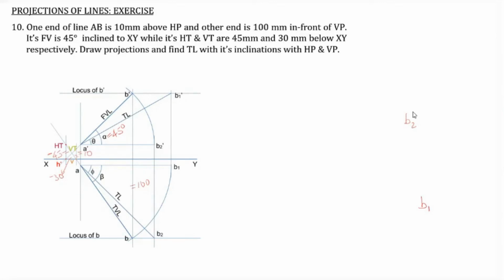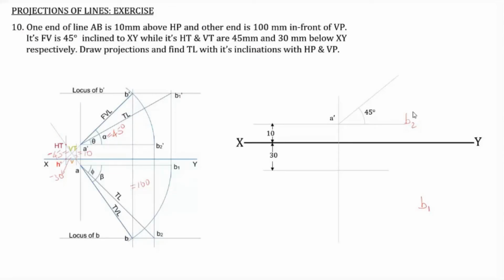Okay, let me repeat the steps once again. Draw the XY line, then mark the projector for A, then mark A dash, then through A dash draw the line representing the front view, and then the locus of the front view as well as the HT and the VT is drawn.